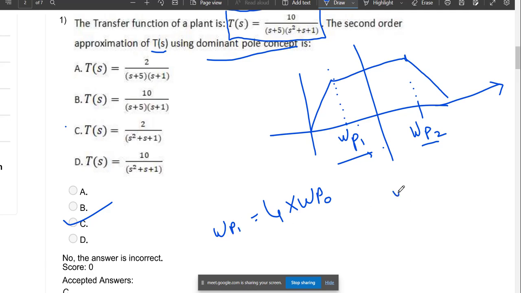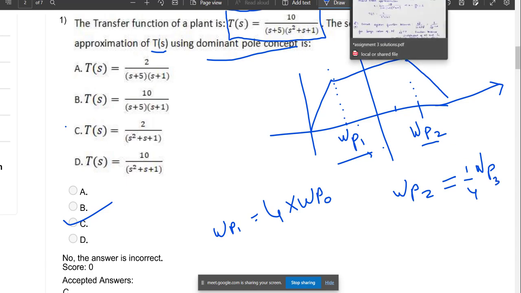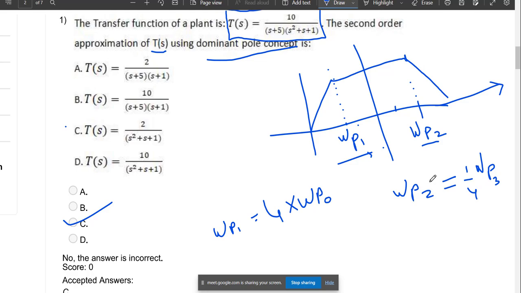Similarly, omega p2 will be at most 1 by 4th of the nearest pole, say omega p3. Got it? Okay, ma'am. We are talking about the magnitude.